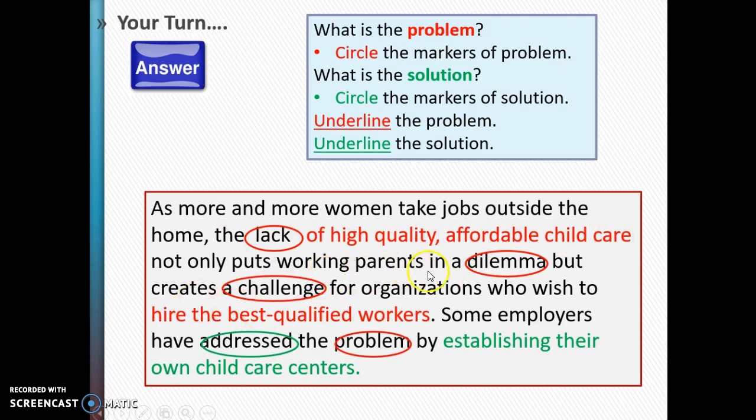Not only puts working parents in a dilemma and a problem, but creates a challenge for organizations who wish to hire the best qualified workers. How do we do that? Some employers have addressed, ding, ding, ding, this is a solution to the problem, by establishing their own child care centers. So here the text gives us the solution.